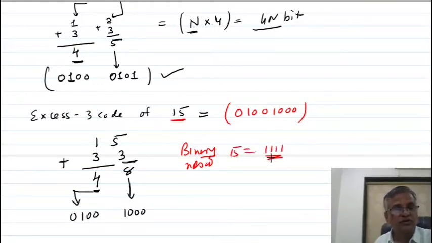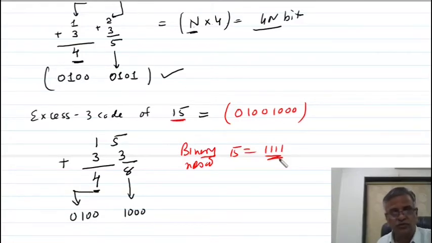So it requires only 4 bits, and this requires 8 bits. This takes more space. So XS3 code requires more space and more time to transmit from one point to another point compared to binary.